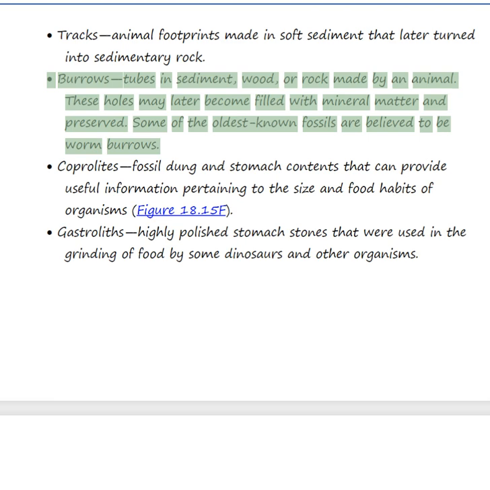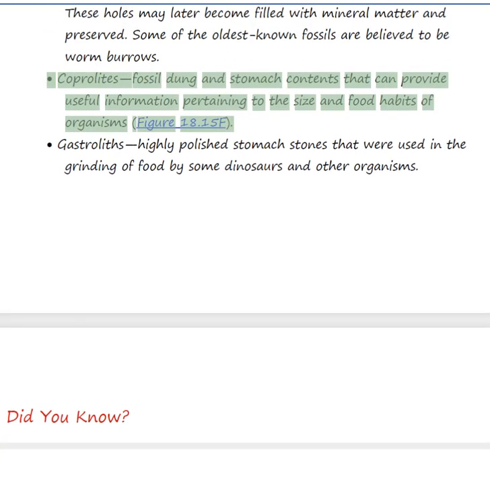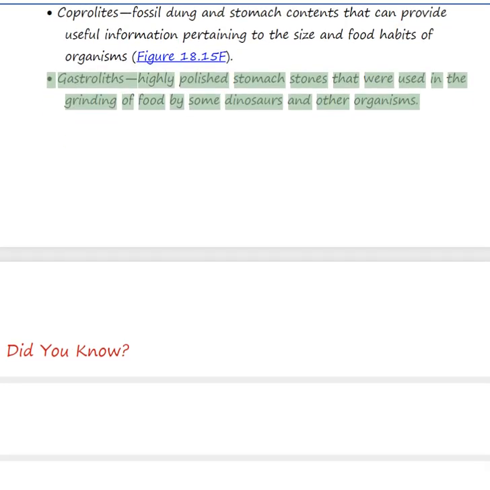These holes may later become filled with mineral matter and preserved. Some of the oldest known fossils are believed to be worm burrows. Coprolites, fossil dung and stomach contents that can provide useful information pertaining to the size and food habits of organisms. Gastroliths, highly polished stomach stones that were used in the grinding of food by some dinosaurs and other organisms.